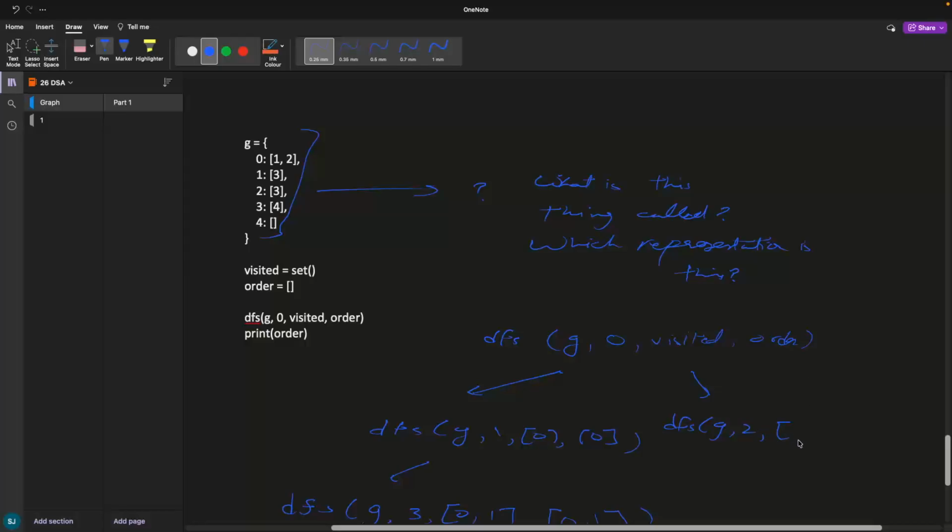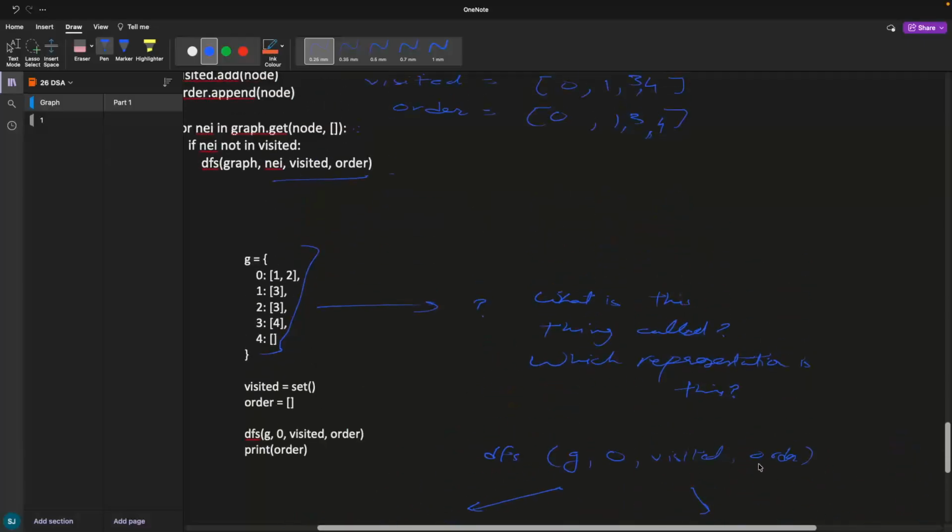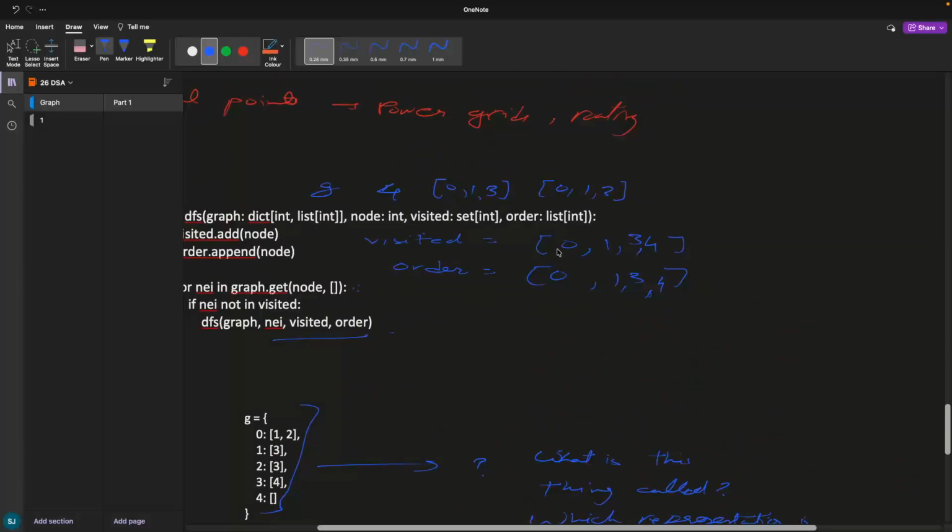So you have a 0 1 3 4, alright, and then 0 1 3 4, right. You go over here and then you put 4 and then you put 4. This time the node becomes 2, like okay 0 1 3 4 2, कुछ नहीं बचा 2 में, 3 ऑलरेडी था, okay.